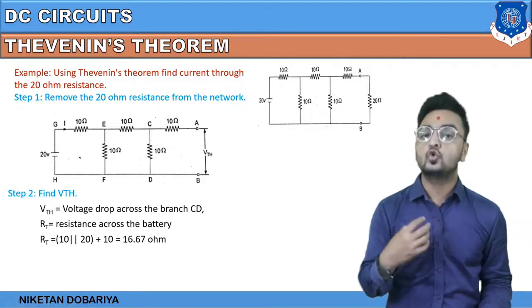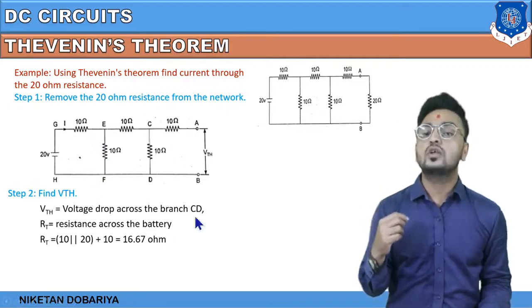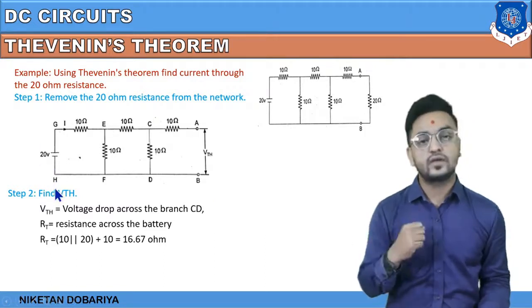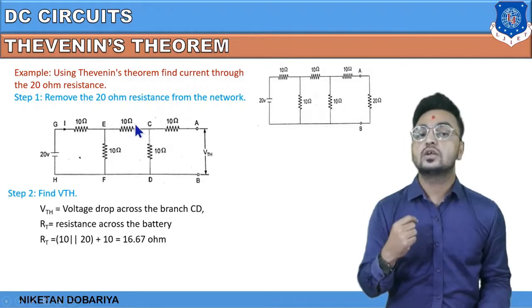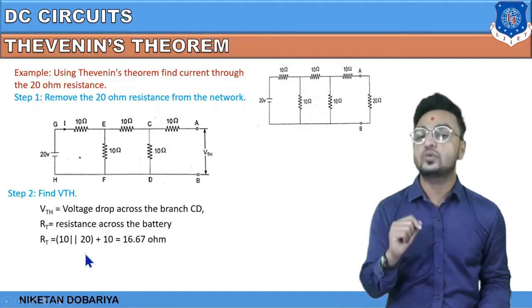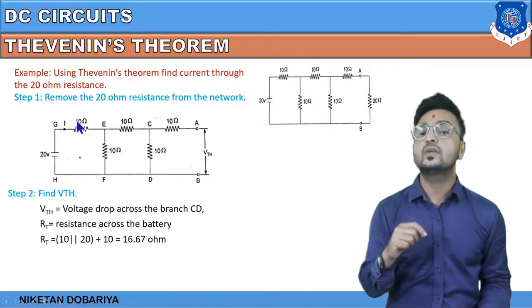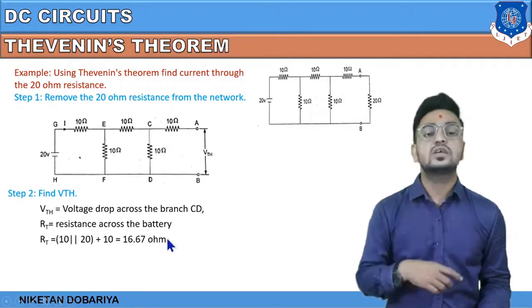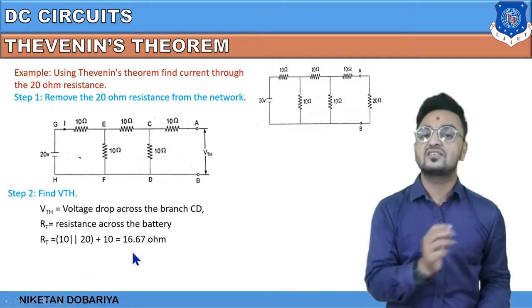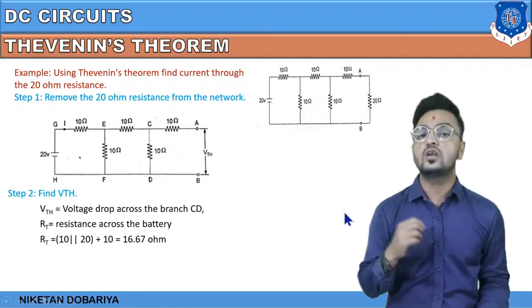So the equation for the total resistance across this supply voltage is: 10 plus 10, that is 20, in parallel with this 10 ohm, so 10 in parallel with 20, and this is in series with this 10, so plus 10. The answer is 16.67, and that is the total resistance.